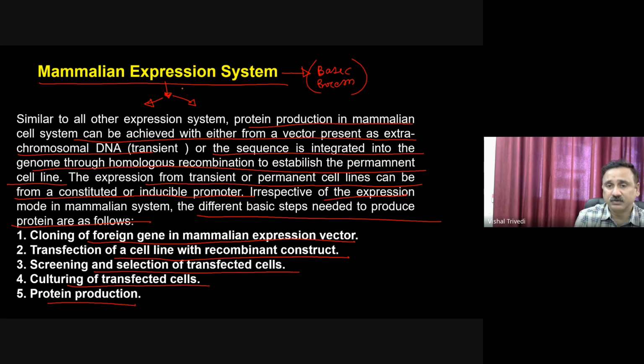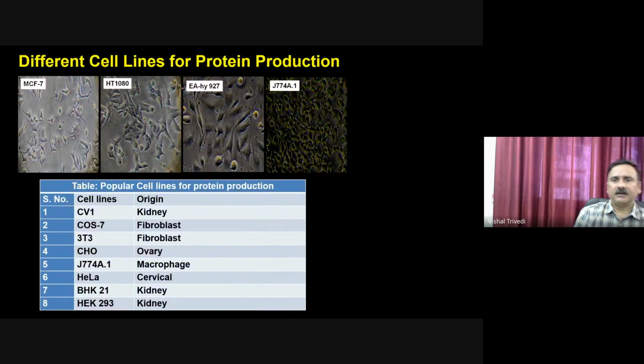You require CO2 incubators, you require biosafety cabinets, and you require a dedicated room for doing the cell culture, right? There are different types of cell lines we can use for protein production or for experiments related to the mammalian expression system. You can have breast cancer cell lines like MCF7 and so on, right?